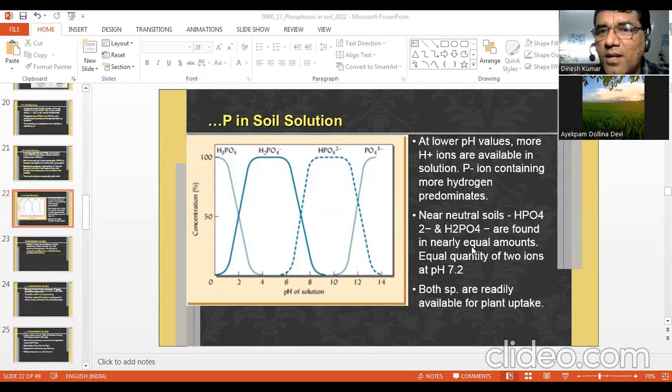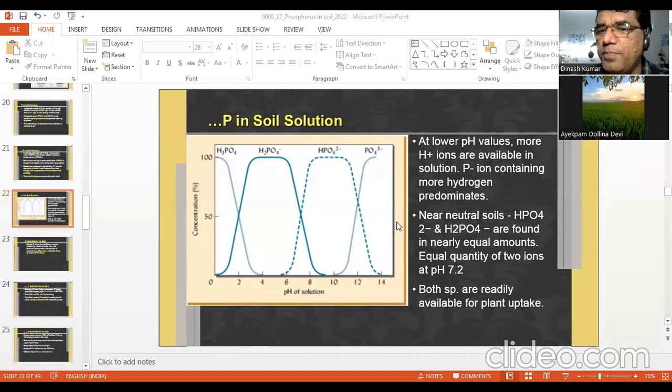The inferences are: at lower pH values, more hydrogen ions are available in solution. Phosphorus ions containing more hydrogen, like H3PO4 or H2PO4, predominate. The more the hydrogen, the more they will dominate in acidic pH. Near neutral soils, HPO4 2 minus and H2PO4 1 minus are found in nearly equal amounts.